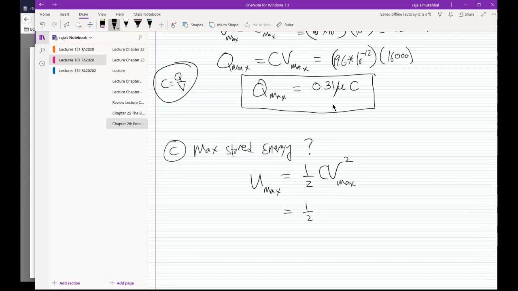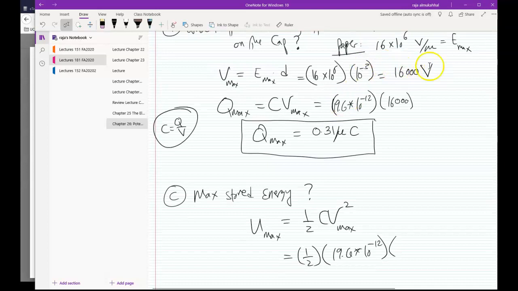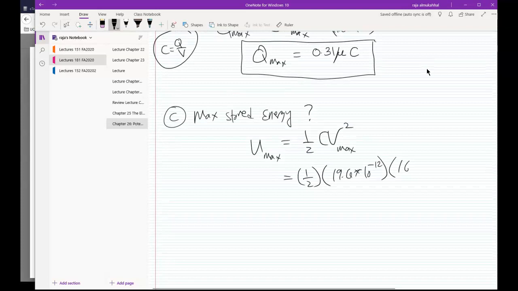It's going to be 1/2 times C, 19.6 picofarad, multiplied by the voltage I just calculated, 16,000, squared. So the maximum energy that I can put in there is 2.5 times 10 to the negative 3 joule. And there we go. That's U max.